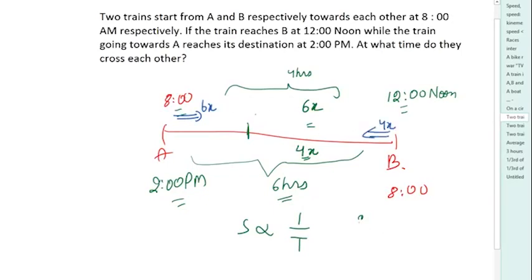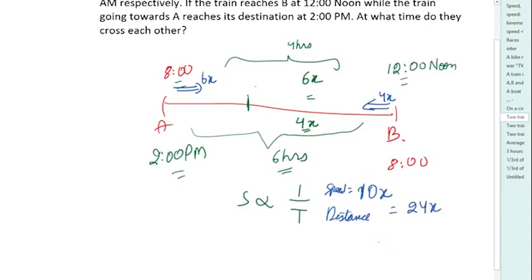The relative velocity of theirs is 10x, because you can add them, 6x and 4x. And what is the total distance that they have to travel? The train traveling at 6x takes 4 hours, so the total distance in x terms will be 24x.